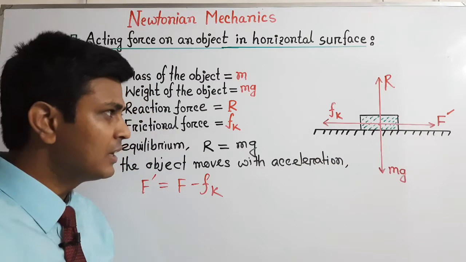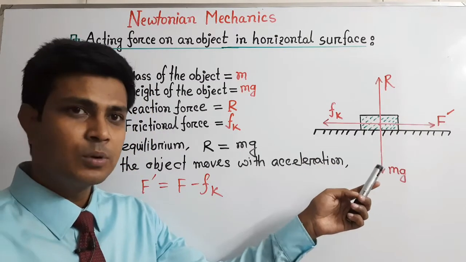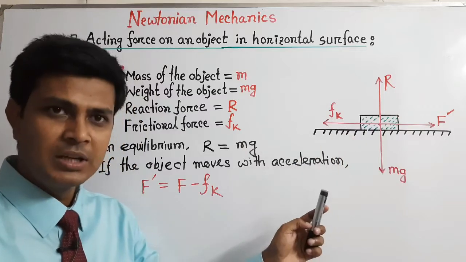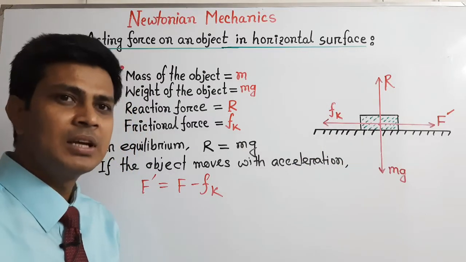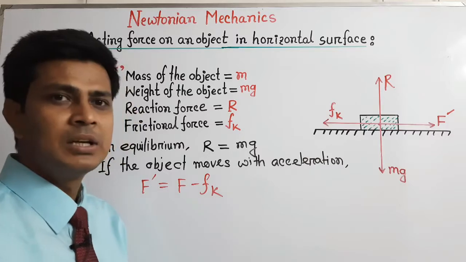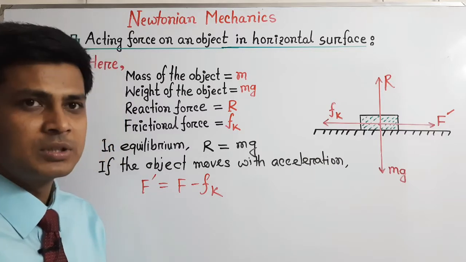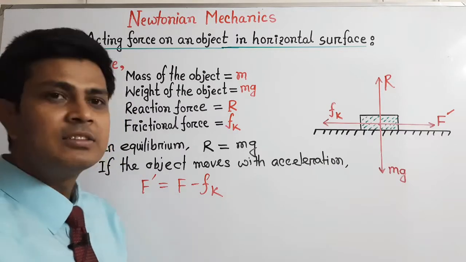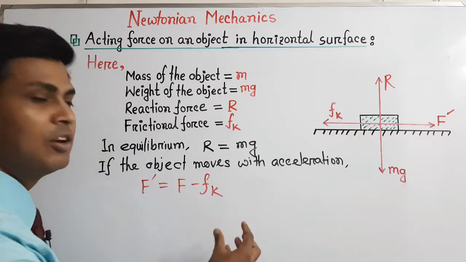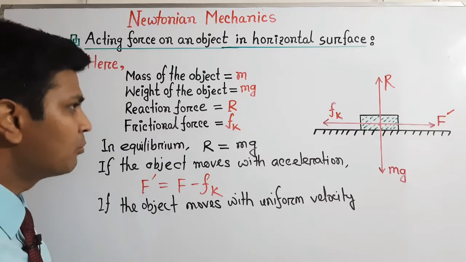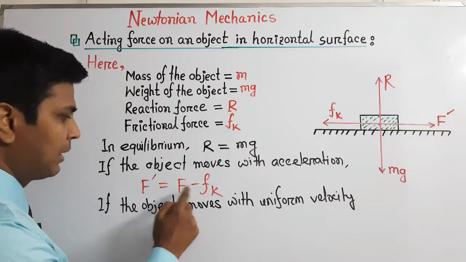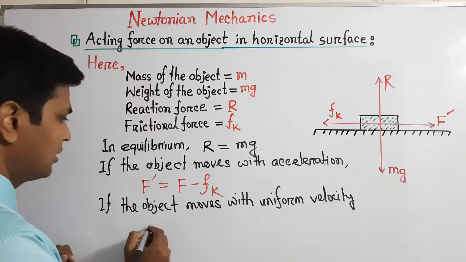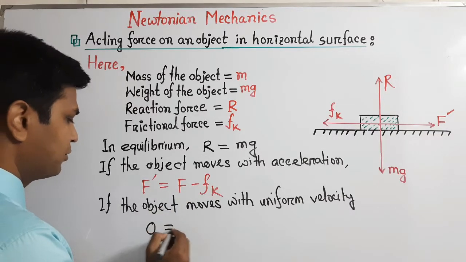But the question is, if there is no effective force, there will be no acceleration. So how does the object move in the forward direction? And the answer is, the body moves forward due to inertia of motion. So in the case of uniform velocity, the formula will be F minus Fk equals 0, that means the effective force is 0.